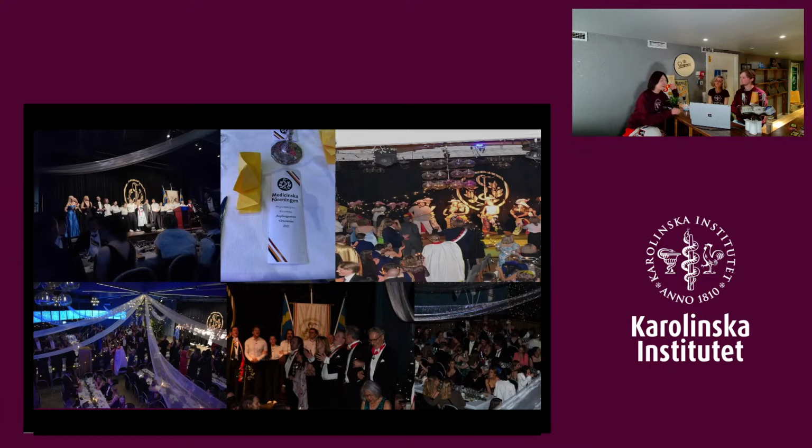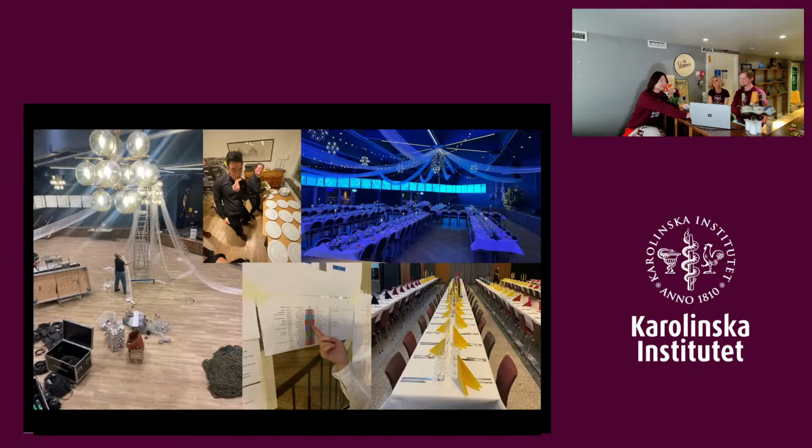In one of the pictures, you see a few of the Nobel laureates joining the party and singing songs with us. Basically, a rundown of what we do in PRU: we are in charge of prepping the events several days before. You see here a before and after picture of us setting up the aula, creating the tables and arranging them so that it's formal, and then also beginning to plate and coming up with menus.